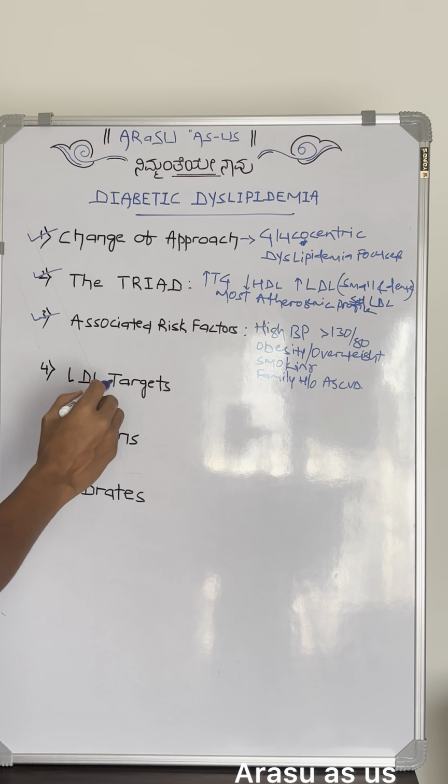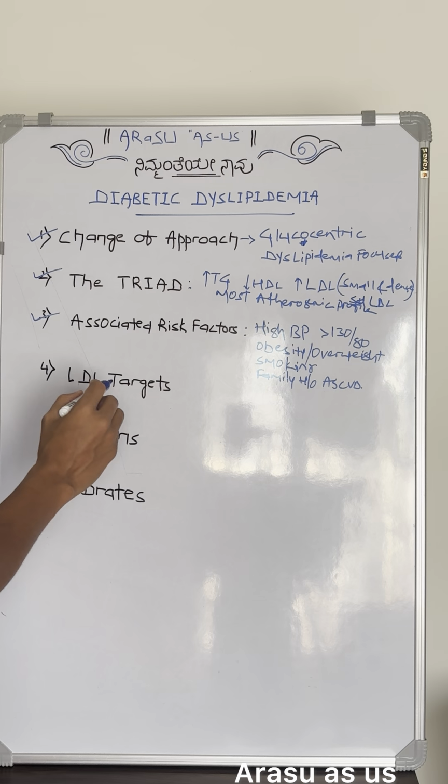This is again a risk factor. Then smoking history or family history of ASCVD, so any cardiovascular events in family members. So we have to consider these risk factors. Always take the history and assess for the presence of any of these. What is the importance of that? We'll deal with it in the next session. So this is about associated risk factors.